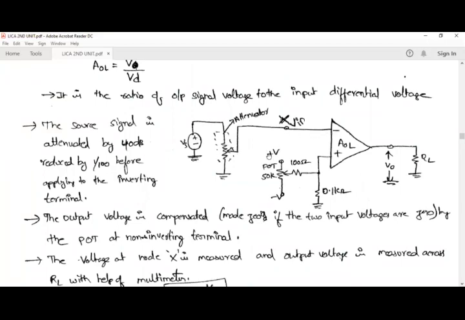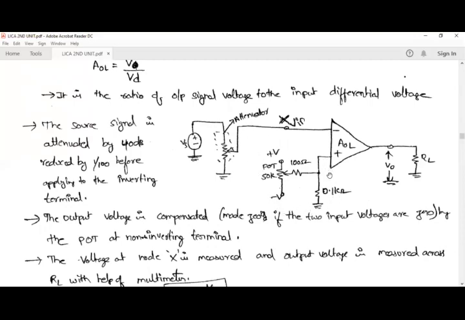For that we are going to use an operational amplifier, an output load resistor, and the input non-inverting terminal is connected to a potential divider network and a pot, which we used in the previous input offset voltage measurement for making the output voltage zero.